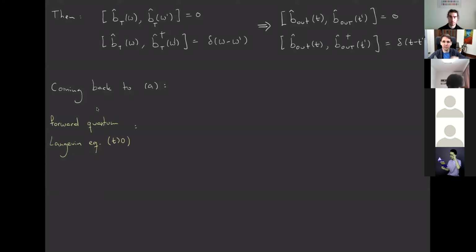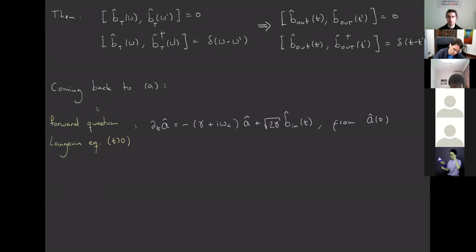So for, let's say, t going into the future, and it's what we have already seen. So it's just that this is equal to losses, free evolution, and then we have an input operator that is driving the cavity. And of course, as I say, we go into the future from some initial condition A of 0.